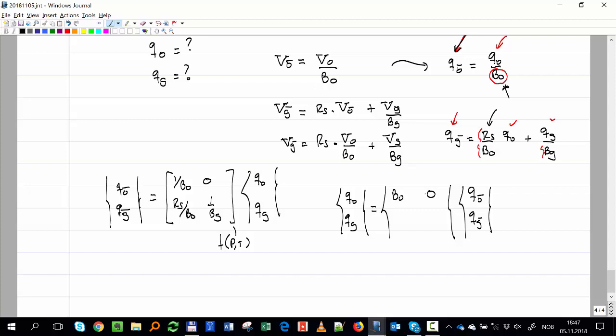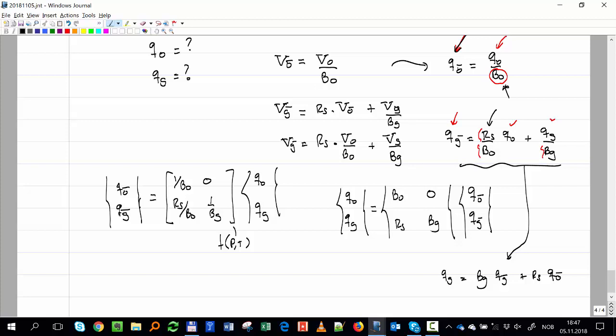Q gas is equal to BG times the quantity RS times Q oil plus Q gas, so here I have RS times QO, and here I have BG.